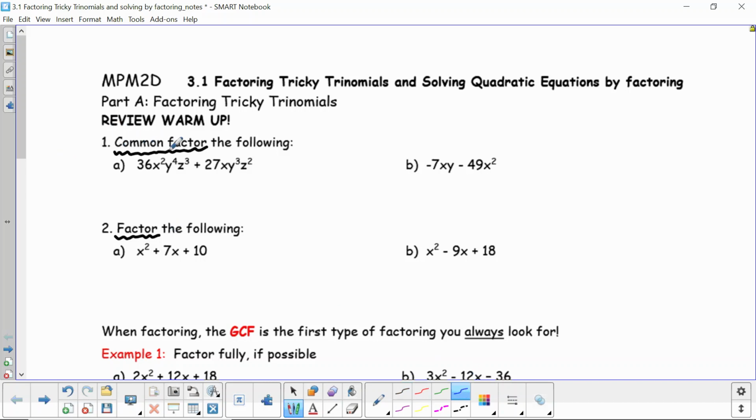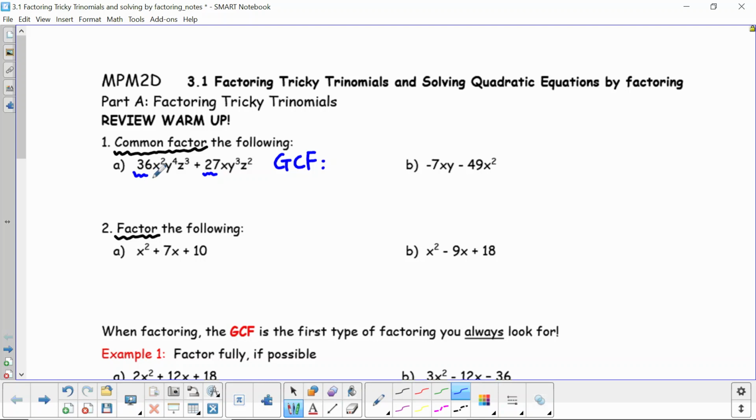One is common factoring. Common factoring means we are going to find the greatest common factor. So for the greatest common factor, we are going to see 36, 27. What are the two numbers that go into each number? It means which number each term could be divided by.